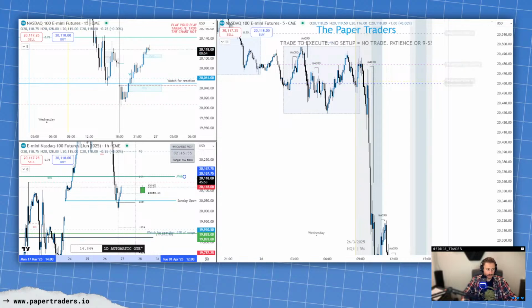Okay, then Sunday open to break first. So if our Sunday open at 20,050 breaks, we can look for further downside. Battle of the levels for now.